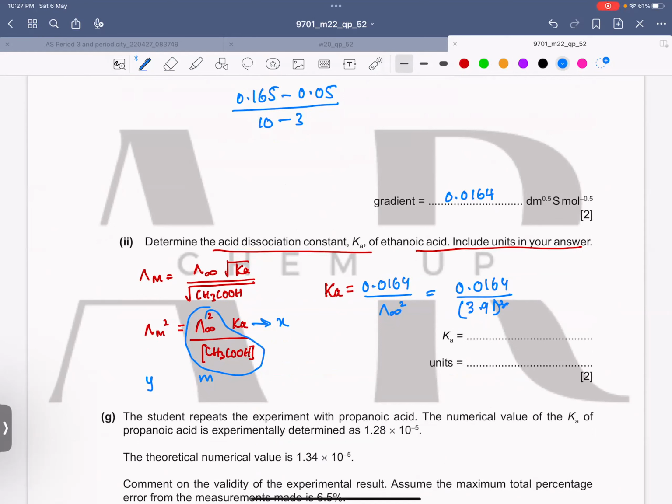It's the gradient, but here we have taken the square root. So basically the square of the whole thing is taken. So can anybody tell me the answer, please?